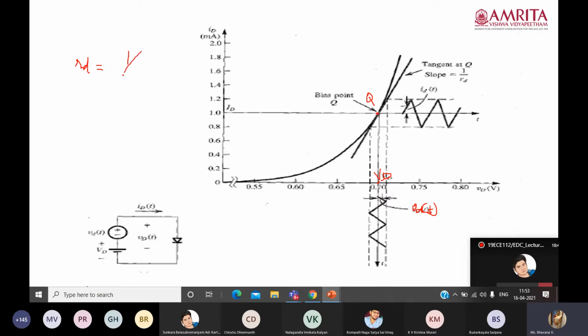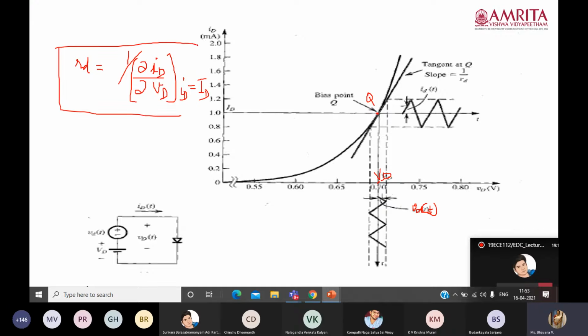It is the reciprocal of the conductance, so rd is equal to 1 by dou Id by dou Vd, at what point?